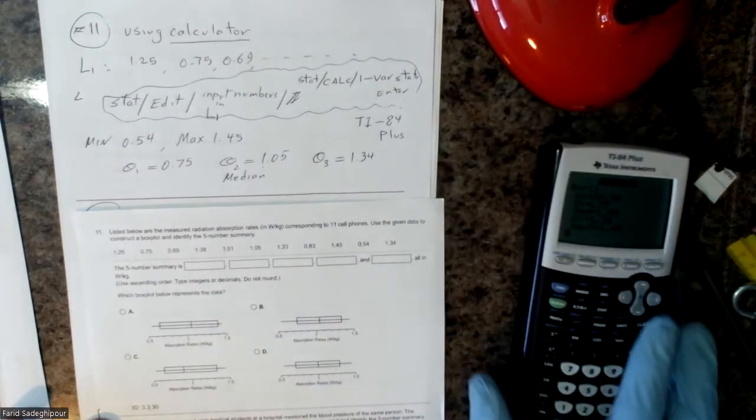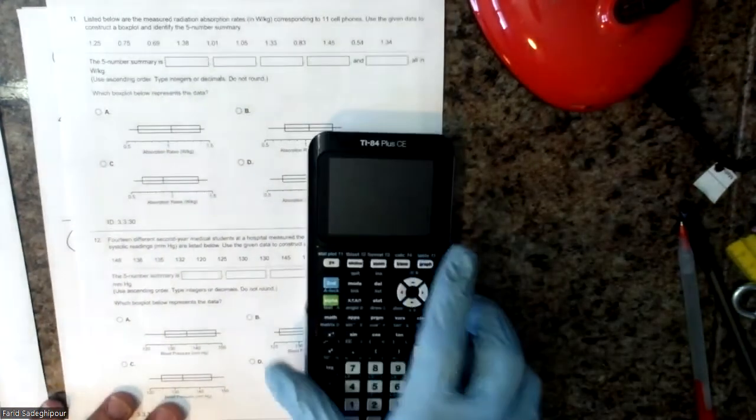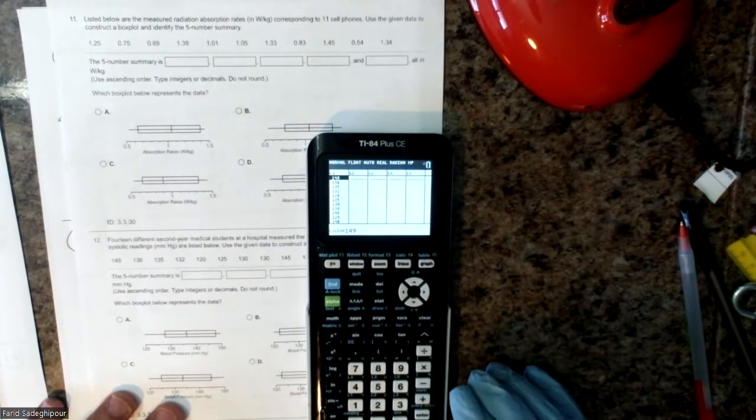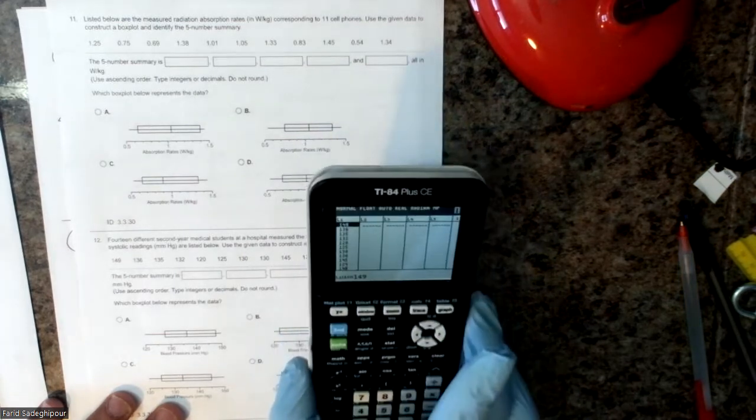And I did the same thing for the second one. For the second one, you also input all these numbers into the calculator. So here you go to Stat. All the numbers are already in L1. I already put all the numbers into L1.